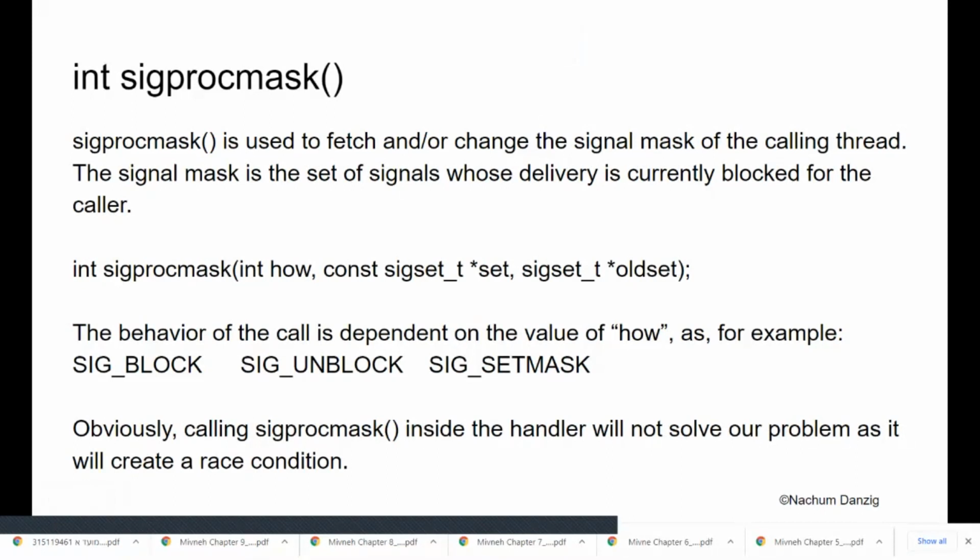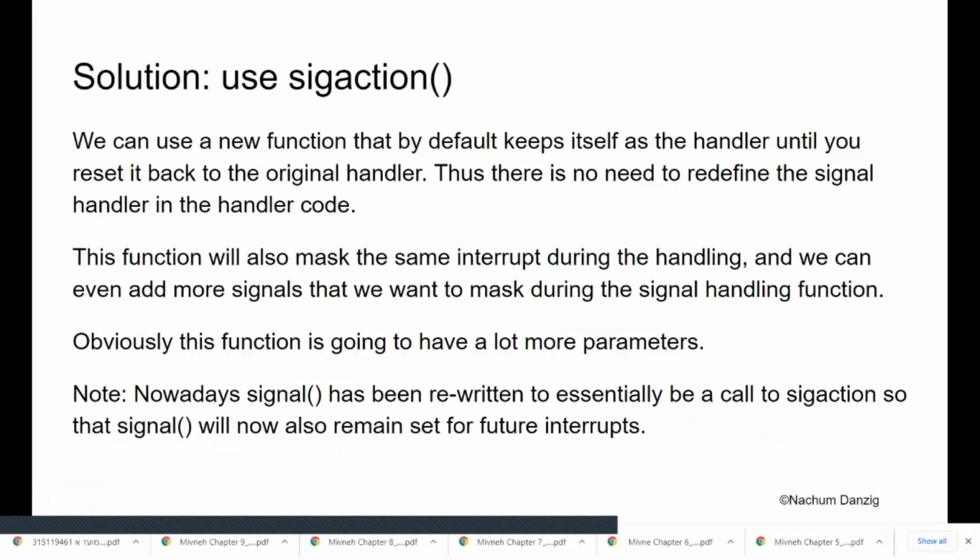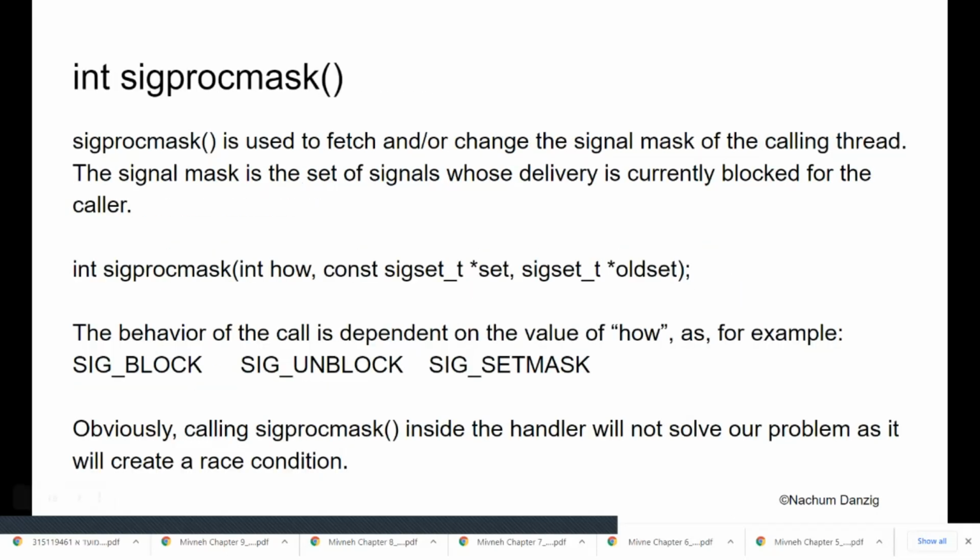With Sig Proc Mask, we can take a set of signals and say block them, or unblock them. Now we could say, let's just do that inside the handler, block whatever we want to block.